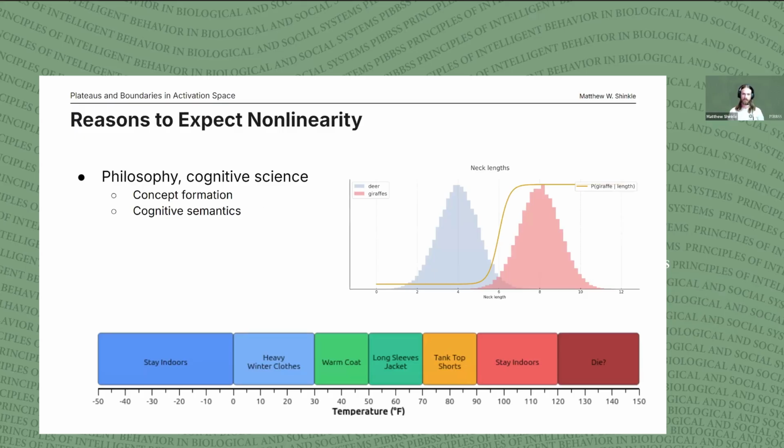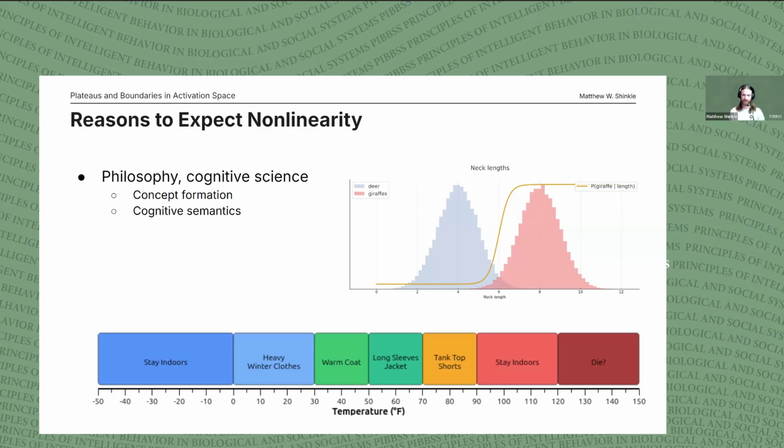The first of these comes from areas in philosophy and cognitive science, like concept formation and cognitive semantics. Even continuous features are often related in nonlinear or discontinuous ways to downstream features, categories, or behaviors. For example, a feature for neck length, like here on the right, may vary continuously, but if you're using it to determine whether an animal is, for example, a deer or a giraffe, the relationship from the feature to the category won't be linear.